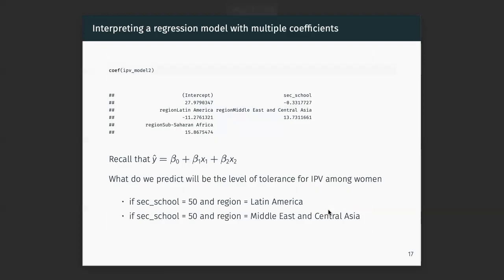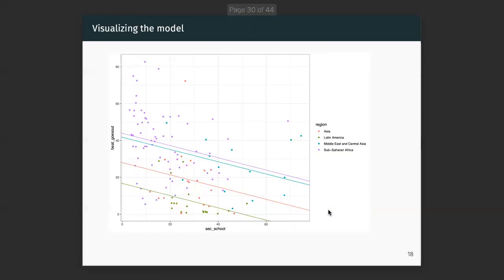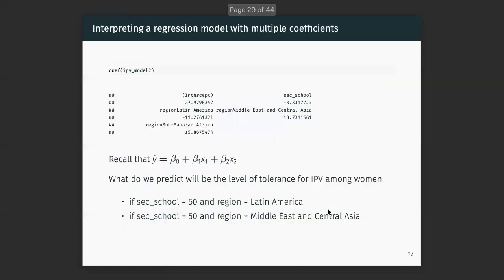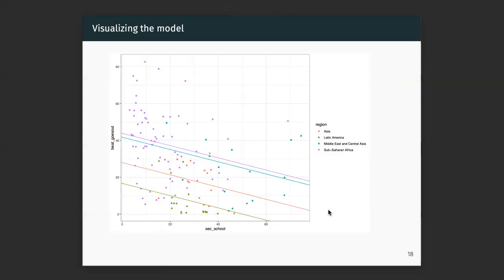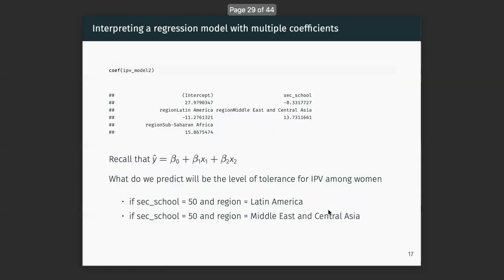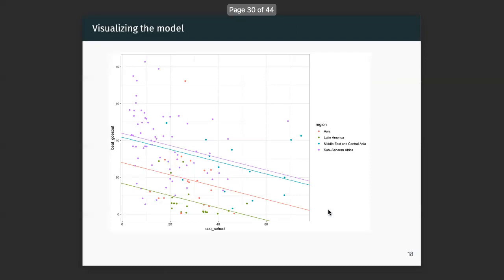Our intercept is 28. Middle East and Central Asia will be the intercept plus 13.7. So 28 plus 14, 42, right? And then the same for Sub-Saharan Africa, 28 plus 16, 44.